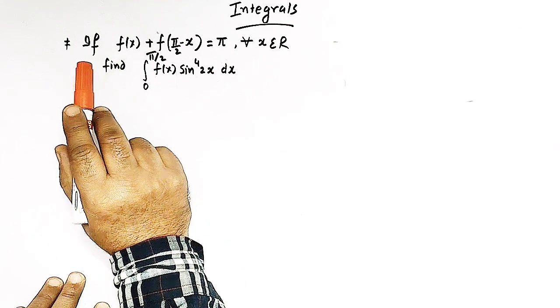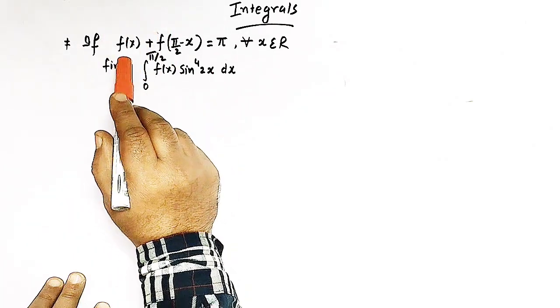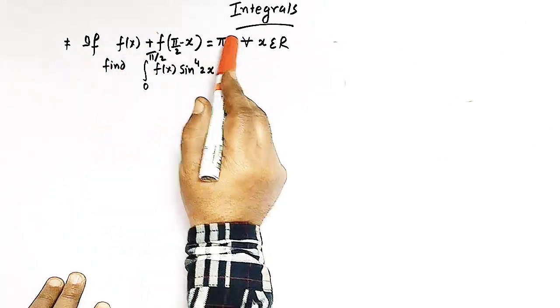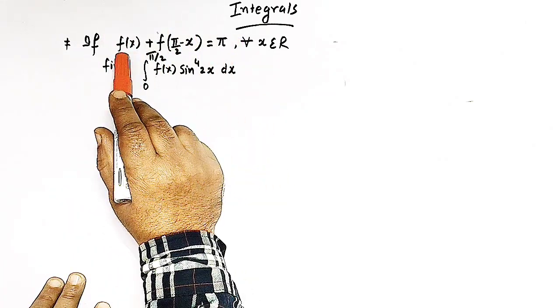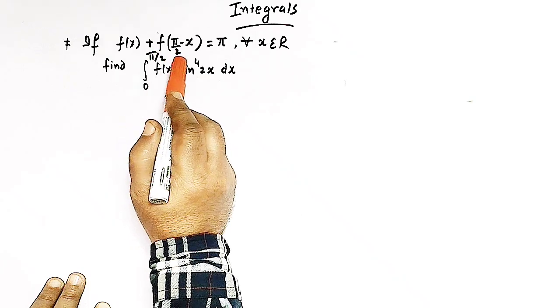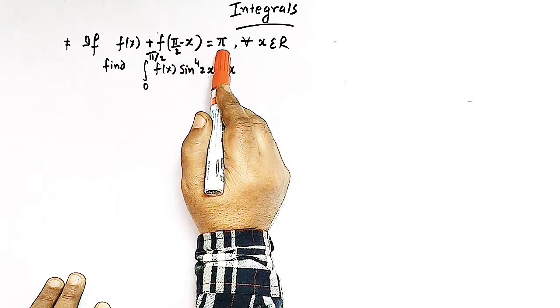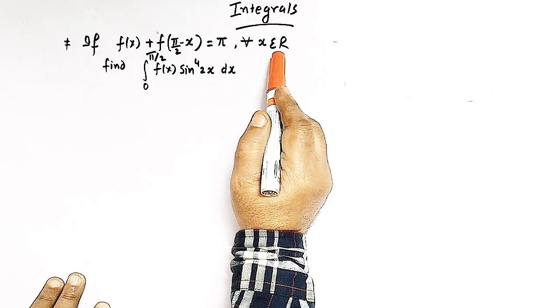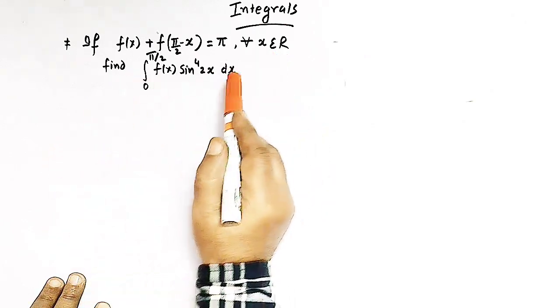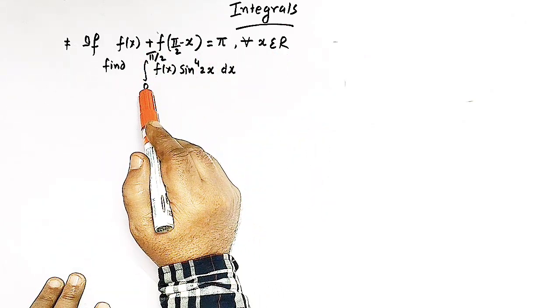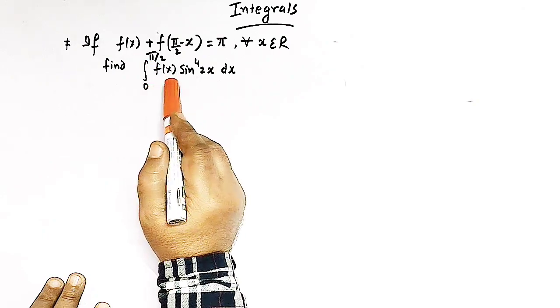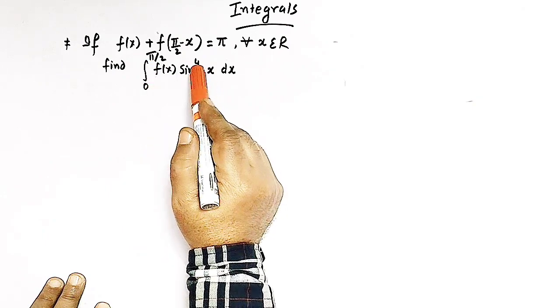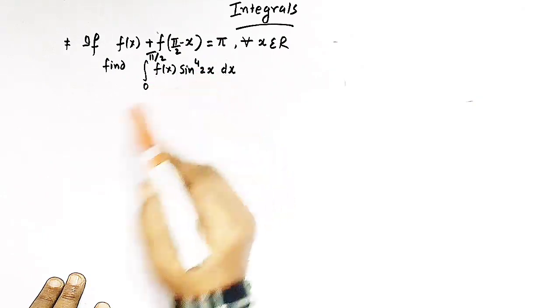So we are given this problem where we have a function f of x which satisfies this equation, that is f of x plus f of pi by 2 minus x is equal to pi for all values of x belonging to the set of real numbers. And we have to find out the value of this integral, that is 0 to pi by 2 f of x and sine 2x raised to 4 dx.